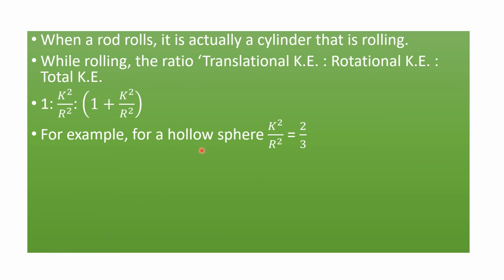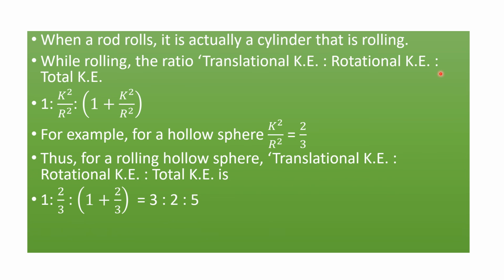For example, for a hollow sphere, k square upon r square is equal to 2 by 3. Hence, we can find the ratio for the rolling motion of translational kinetic energy to rotational kinetic energy to total kinetic energy as 1 : 2 by 3 : 1 plus 2 by 3.